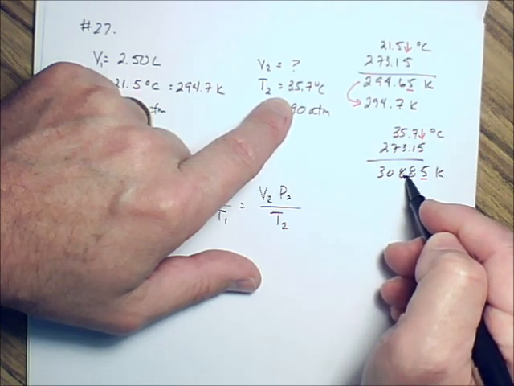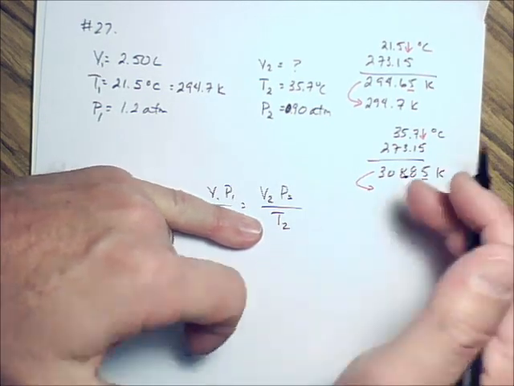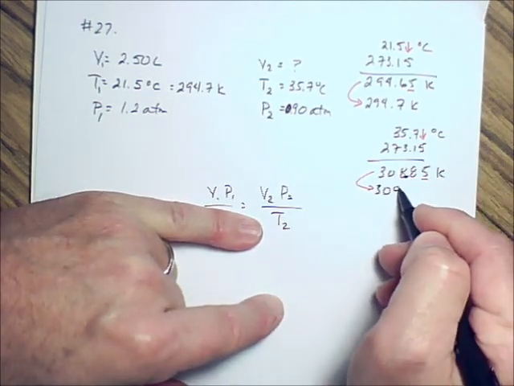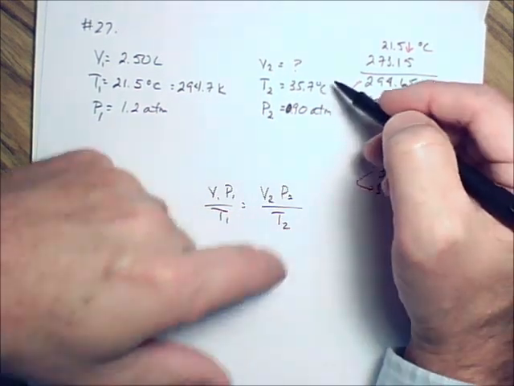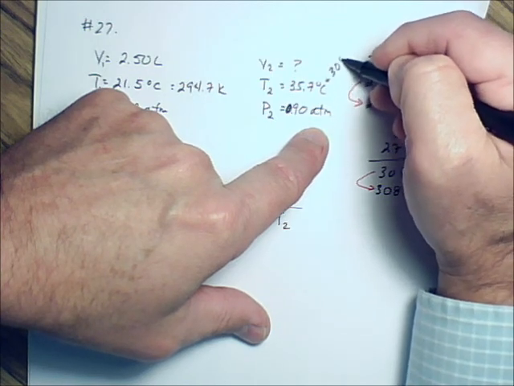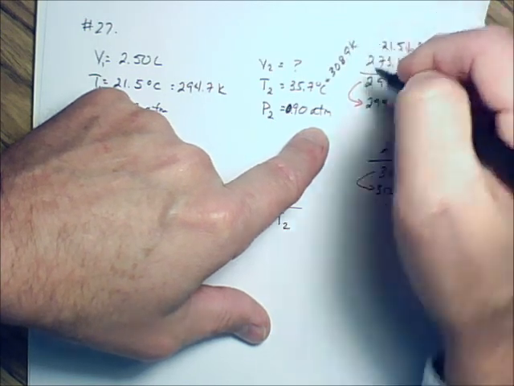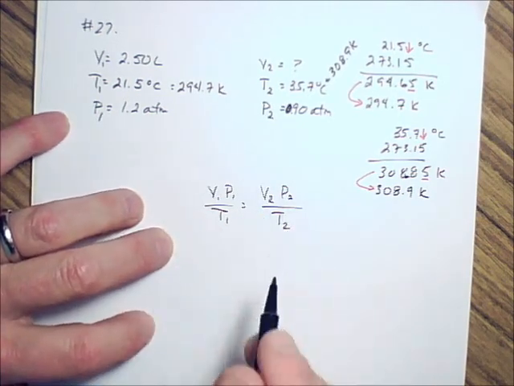And I need to round off this number to the correct number of significant digits, 308.9 K. And so that's what this becomes here, 308.9 K.